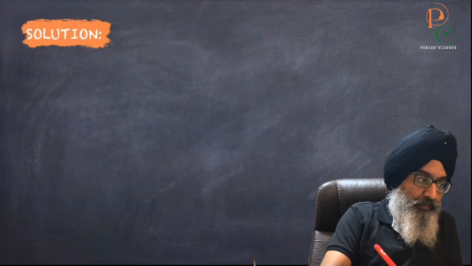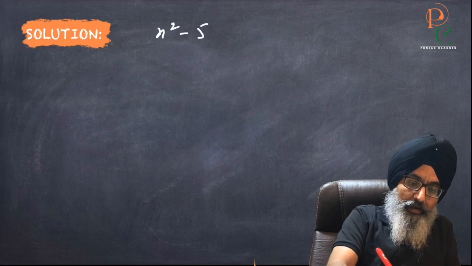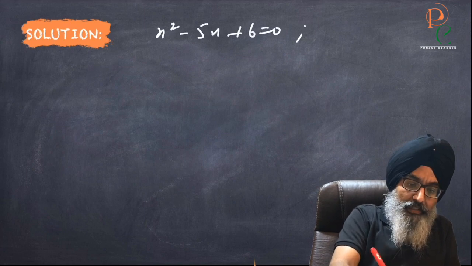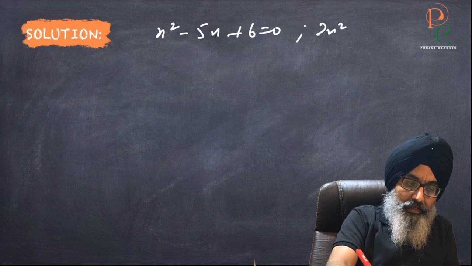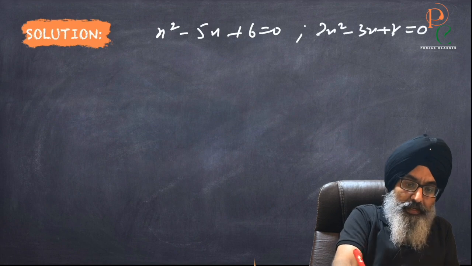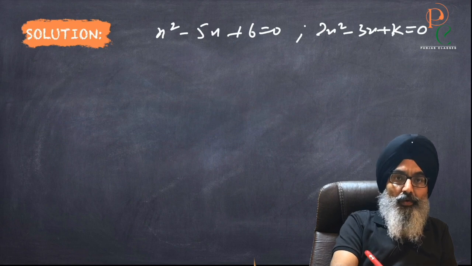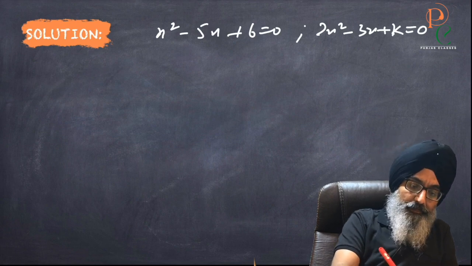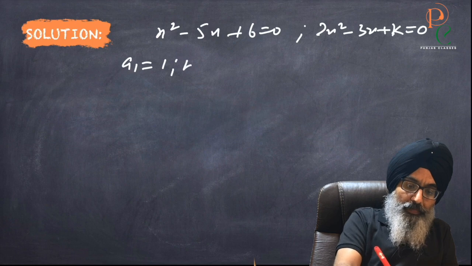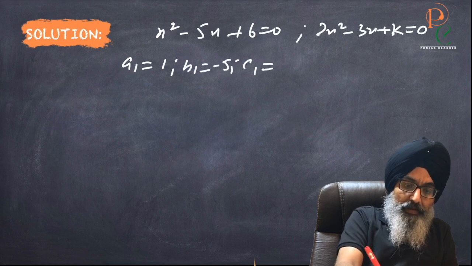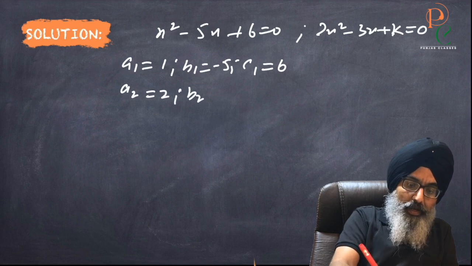We are given the first equation as x square minus 5x plus 6 equals 0 and the second equation as 2x square minus 3x plus k equals 0. If we compare these two equations with the standard form of the quadratic equations, we get A1 as 1, B1 as minus 5, C1 as 6 and A2 as 2, B2 as minus 3 and C2 as k.